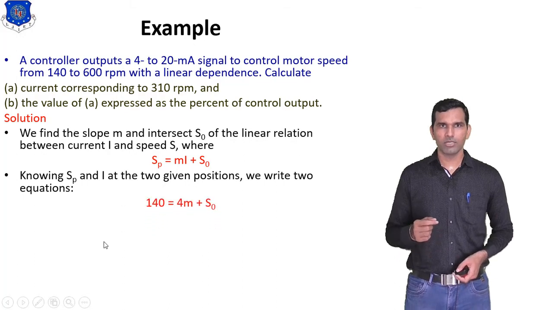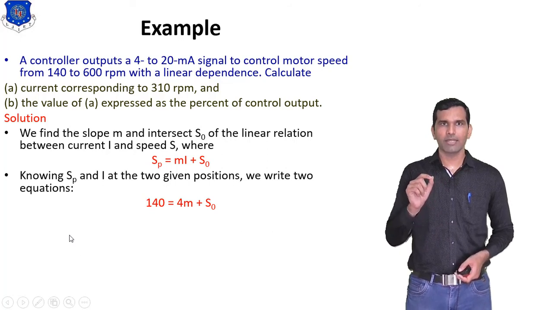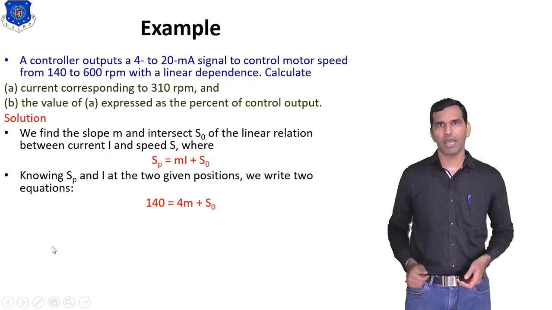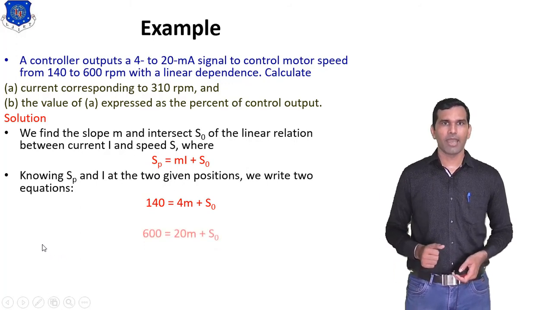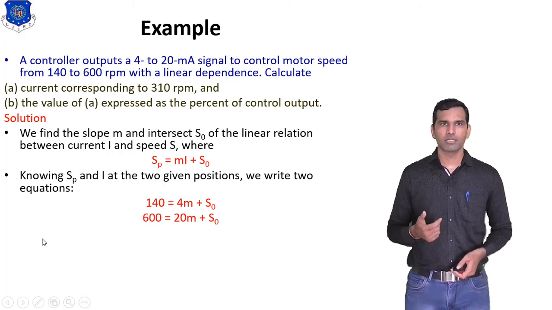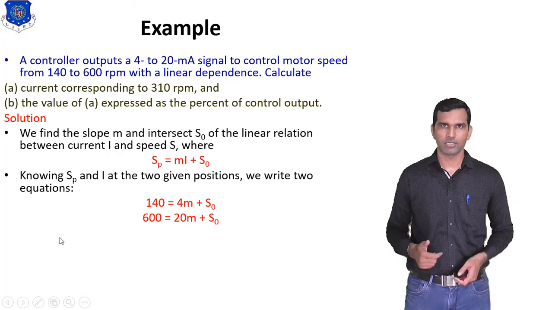By using the given data, we know 140 is the minimum value of S, and at that time the minimum level of current is 4 milliampere. So we write 140 = 4 M + S0. And we can also write the second equation: 600 = 20 M + S0.